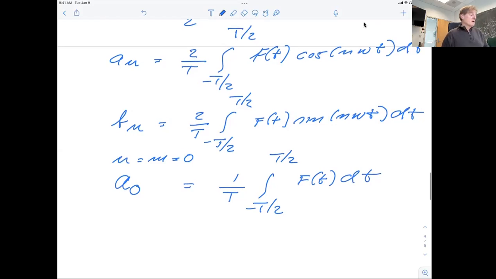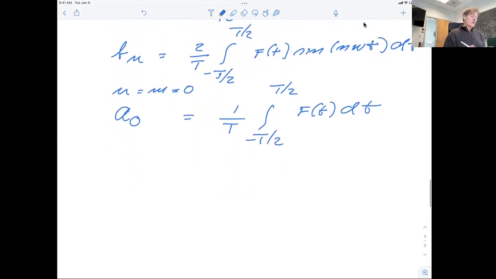Now, let us think of a function f of t which is just given by t. So this would be an example of what we might call a first order polynomial. This is a function which is anti-symmetric when you look at the function around 0.